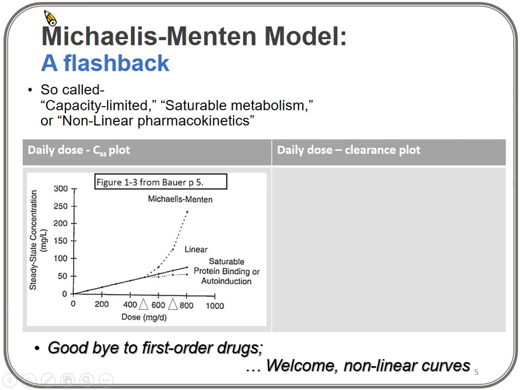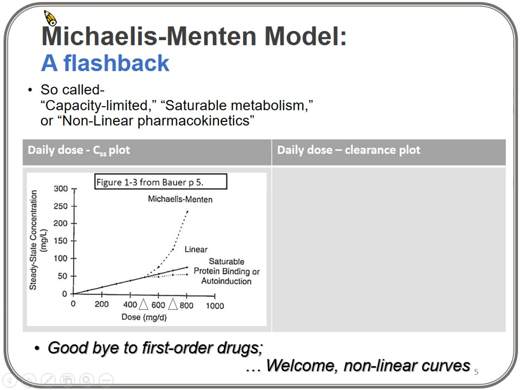Alright, so let's start today's course. First, let me preview the Michaelis-Menten model as a review for you. According to the knowledge regarding therapeutic drug monitoring, most medications follow first-order kinetics.